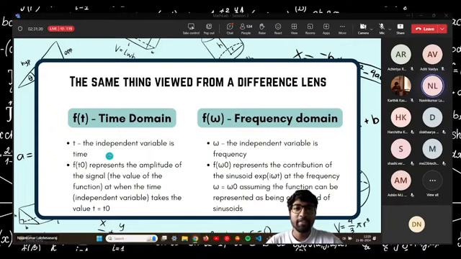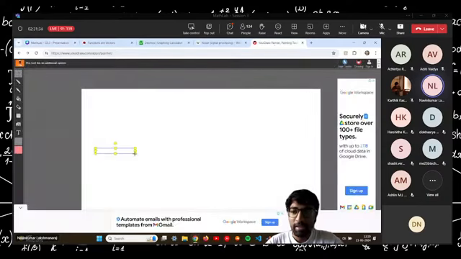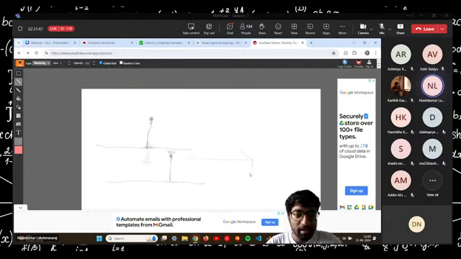So a way to visualize this is something that I'll attempt to draw here. You can think of the function as being composed of infinitely many tiny stems. For example, let's say we have these two stems. When these two stems add together, what you get is something here and something here.